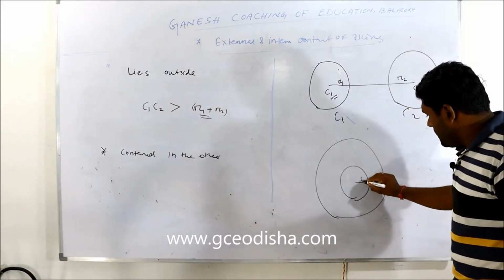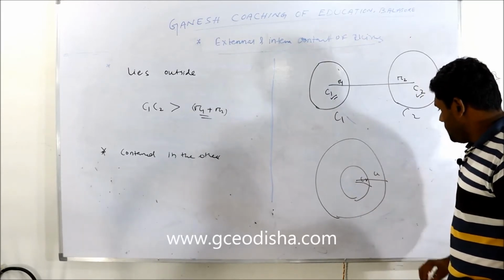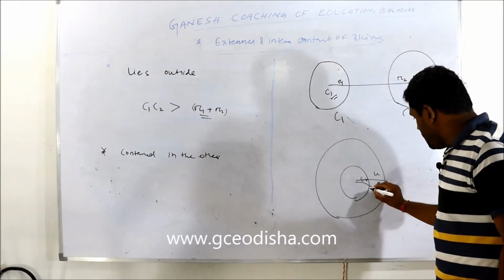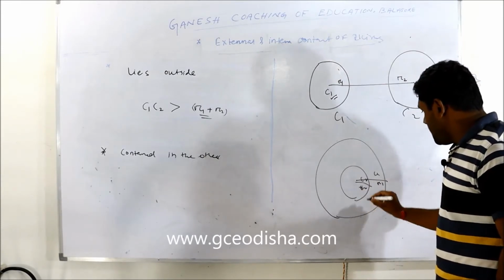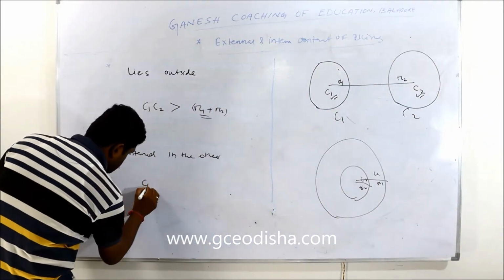Like this is C2 and this is C1, and this is radius R1 and this smaller one is R2. Okay, then what will be the condition?